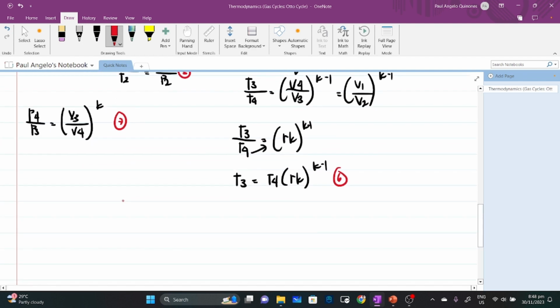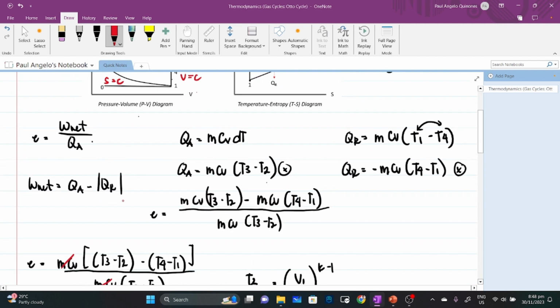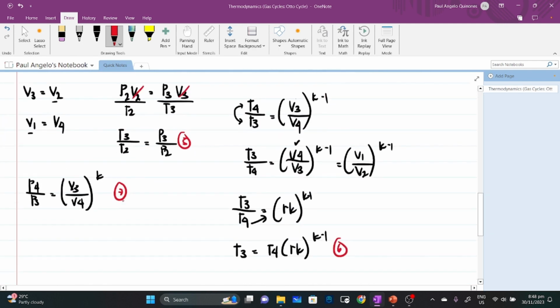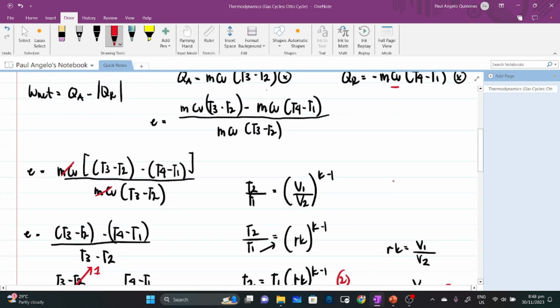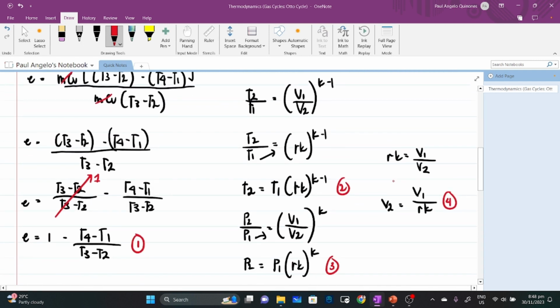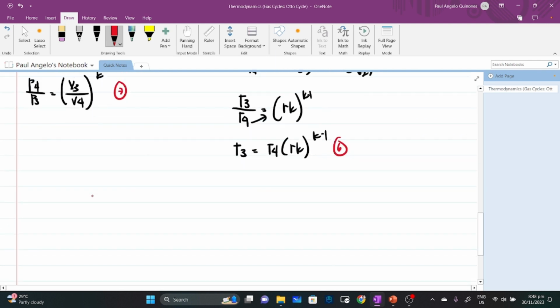Next, the next thing that we can solve is for heat rejected. For heat rejected, it is already given, that is negative MCV times T4 minus T1. If we return to equation number 1, let's rewrite it here at the bottom.